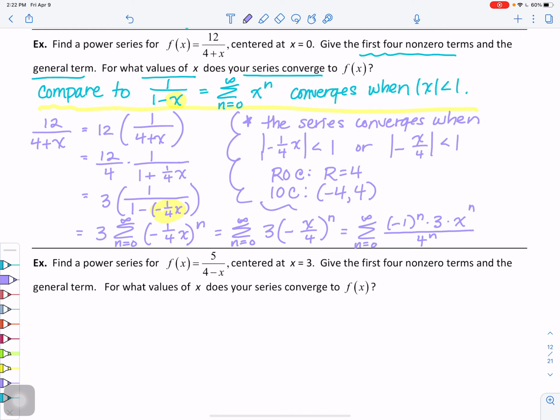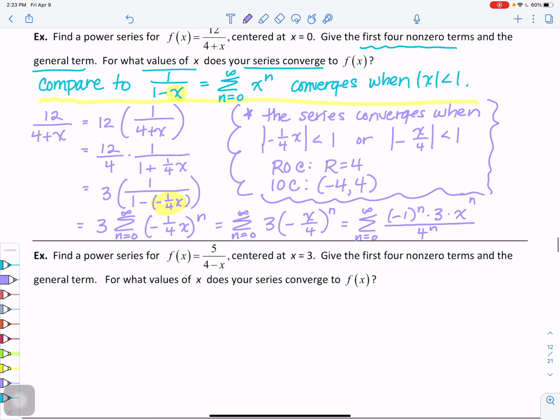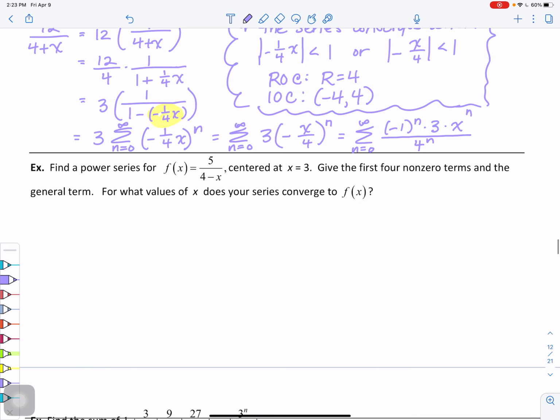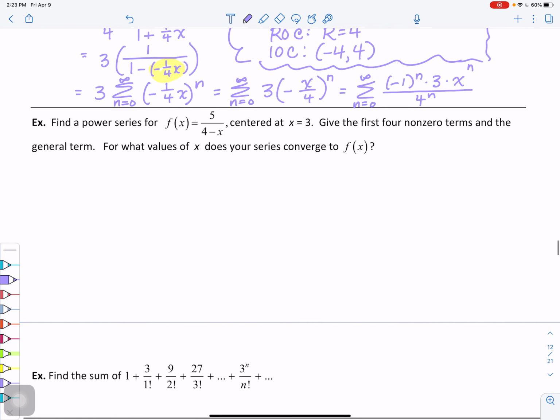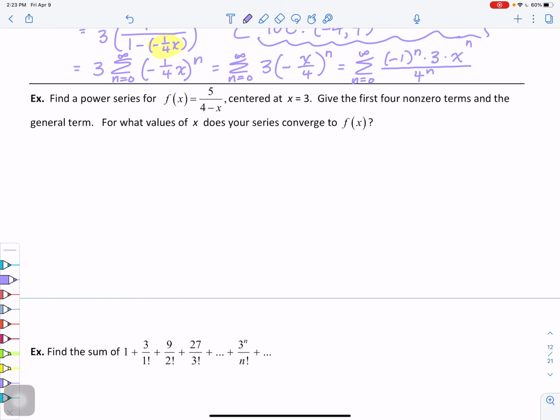Okay? So, yeah, I think that you'll do okay there. Okay, let's try one more of these. Find a power series for f of x.